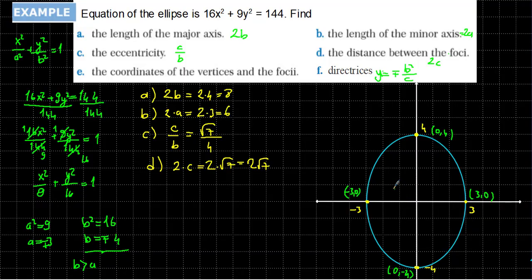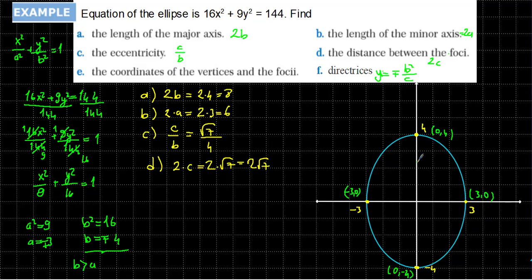Again, I'm repeating, since the major axis is the y-axis, the foci are going to be on the y-axis. Root 7 is between 3 and 4, root 9 and root 4, pardon, which is between 3 and 2.